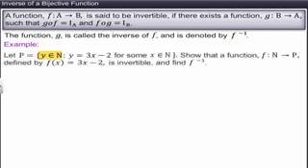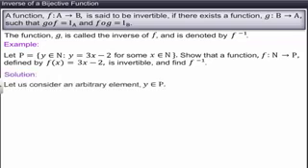Let P be the set of all y such that y is a natural number and is equal to 3x minus 2. Let's show that a function f from N to P defined by 3x minus 2 is invertible, and let's also find its inverse.